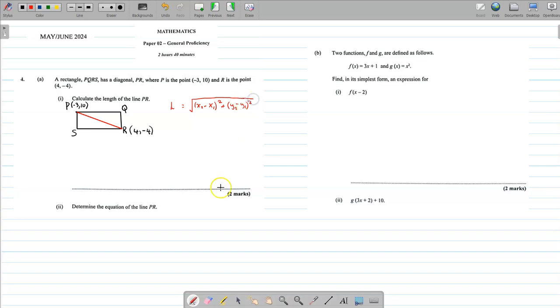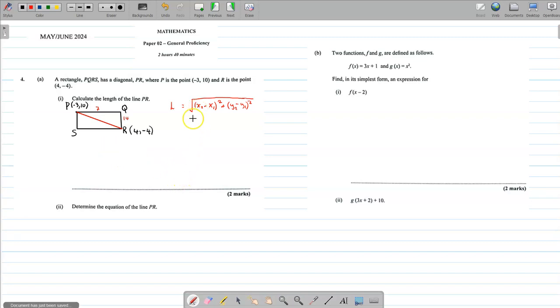You could use this formula, or you could just use Pythagoras' theorem, because you can see if this is minus 3 and you end up at 4, the length of this line is going to be 7. And if the height goes from 10 to minus 4 on the y value, that is going to be 14 units.